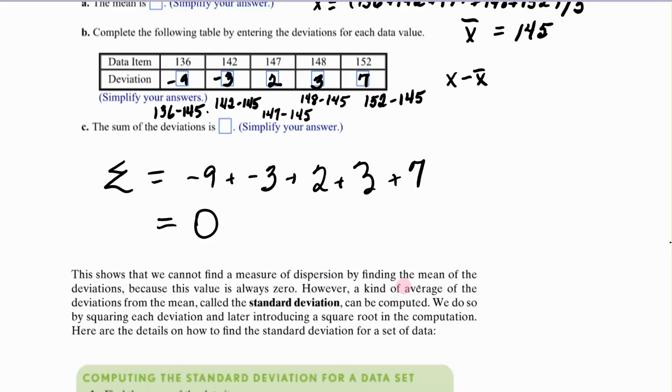However, a kind of average of the deviations from the mean, called the standard deviation, can be computed. We do so by squaring each deviation. That will make everything positive, except for 0. Then when we add them up, they won't equal 0. And then we will take the square root to undo that, and we will get a number that will be called the standard deviation.